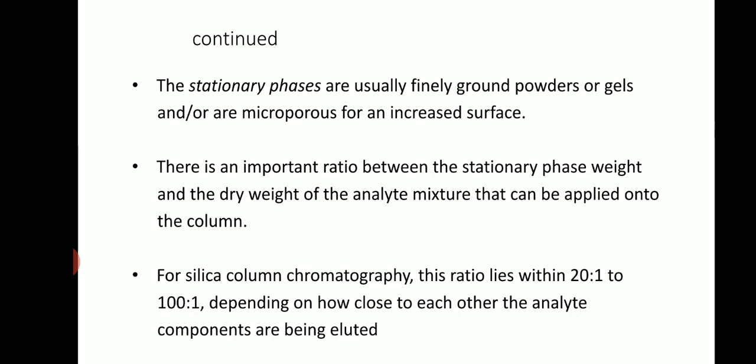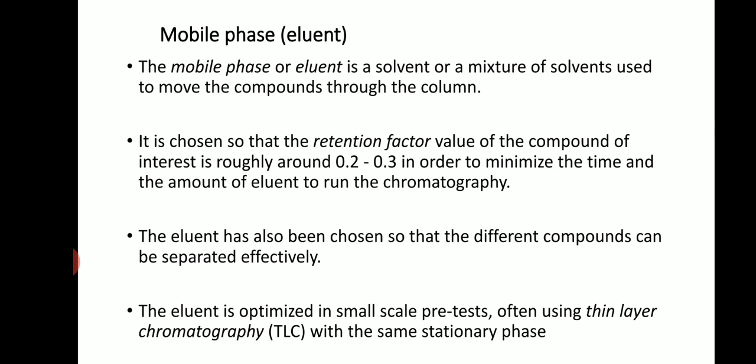There is an important ratio between the stationary phase weight and the dry weight of the analyte mixture that can be applied on the column. For silica column chromatography, this ratio lies within 20 is to 1 to 100 is to 1, depending on how close to each other the analyte components are being eluted.